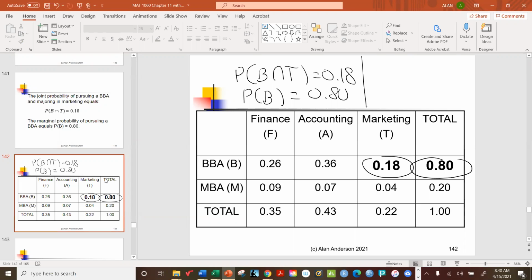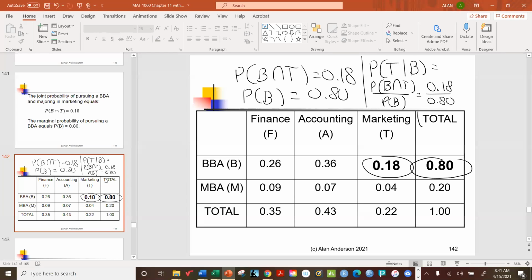So that implies that the probability of T given B is the ratio of these two numbers, which is 0.18 over 0.80, which is approximately equal to 0.225.